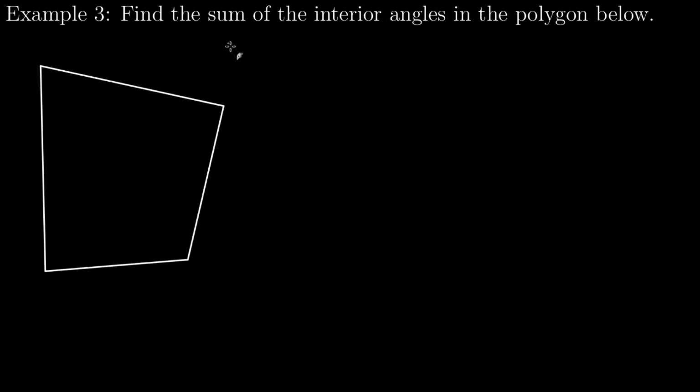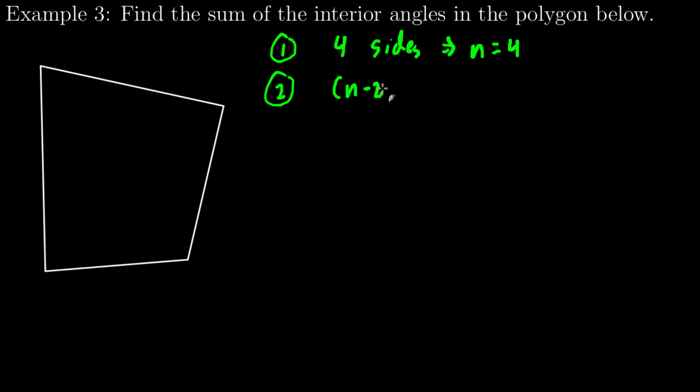If I want to find the sum of the interior angles in this polygon, all I need to do is this. First, I need to see that we have 4 sides, meaning n equals 4. The second thing I'll do is use the formula n minus 2 times 180 degrees.